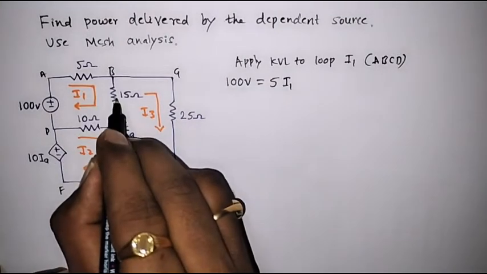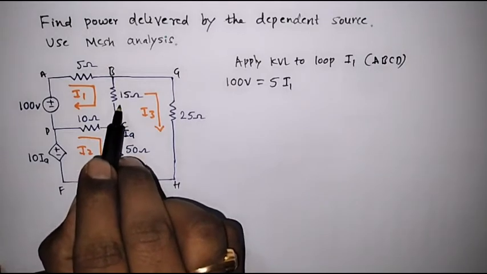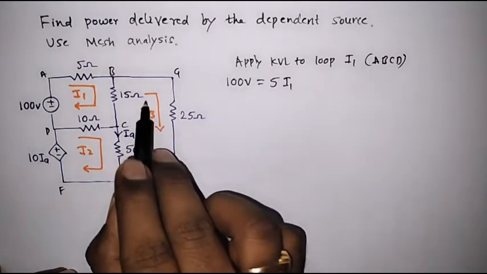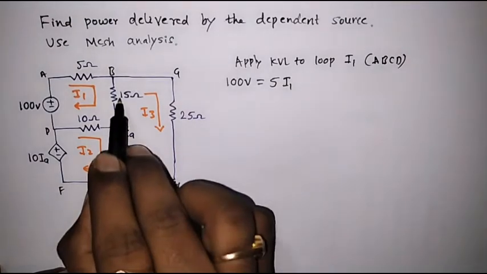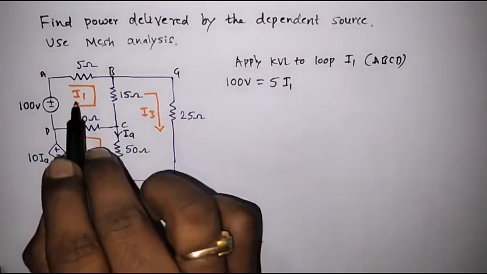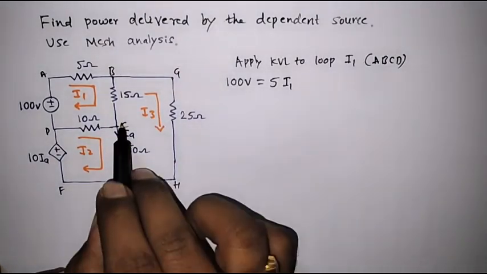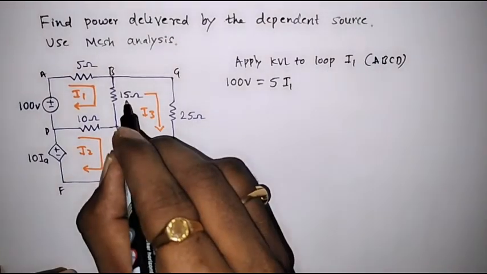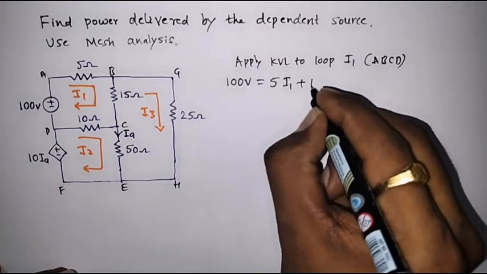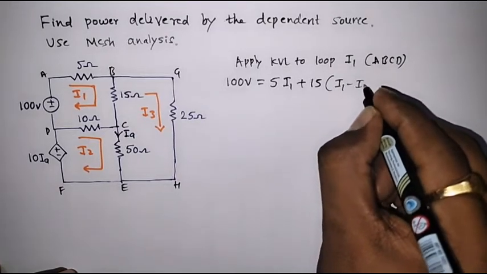I1 flows through the 15 ohm resistor. We can observe here in the 15 ohm resistor current I1 is flowing as well as current I3 is flowing. I1 and I3 are opposite to each other, as I1 is flowing from B to C whereas I3 will flow from C to B. So the voltage across the 15 ohm resistor is 15 into I1 minus I3.